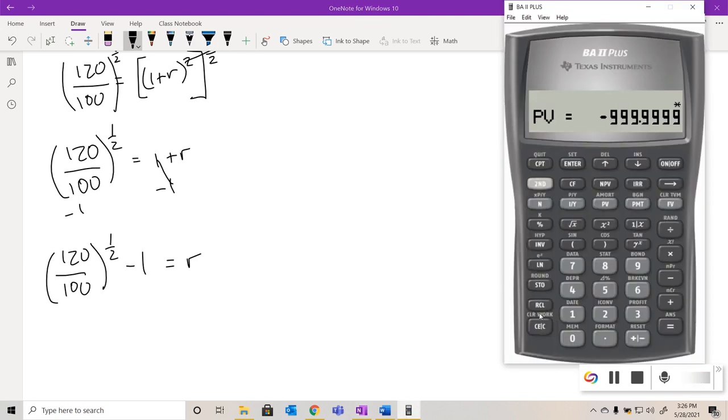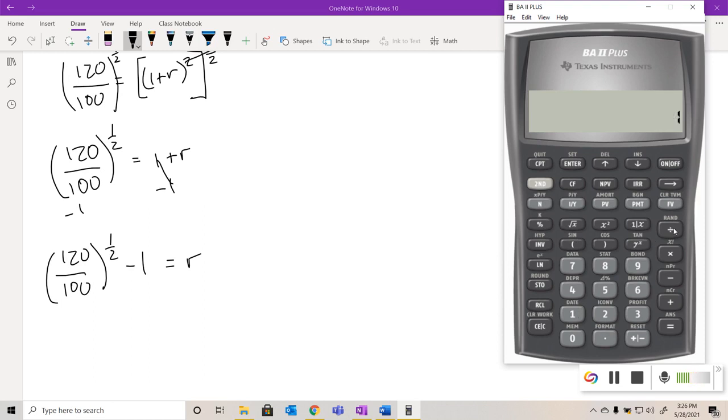Right, now I can plug that into a calculator and say 120 divided by 100 equals, that's raised to the 1/2. If you're using a scientific calculator, it'd be a little more straightforward. With the BA2 Plus, in order to raise it to an exponent, I have to type the y to the x key, which tells it to raise what's on the display to what I'm about to put in next.